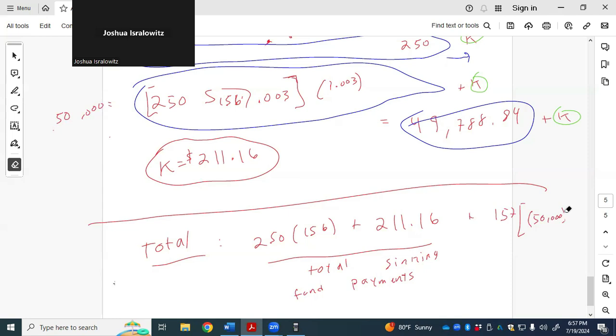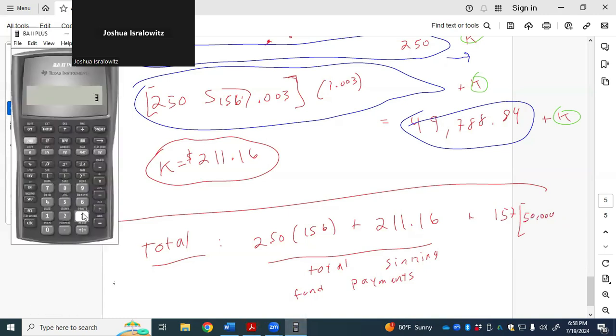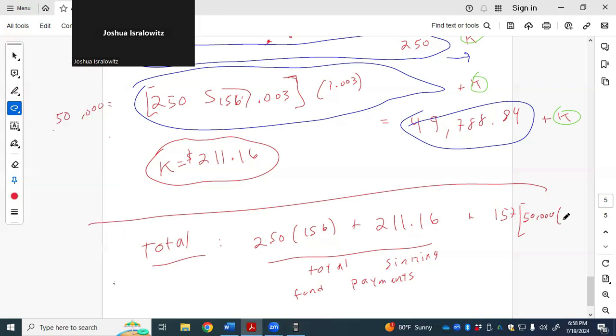So you have 157 interest payments, and each interest payment is 0.25%, so 0.0025, of 50,000.